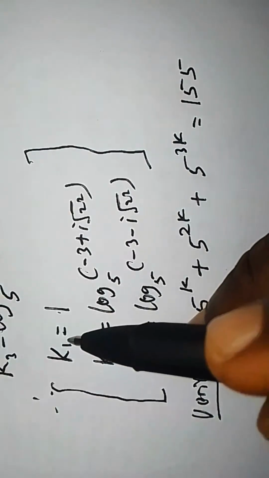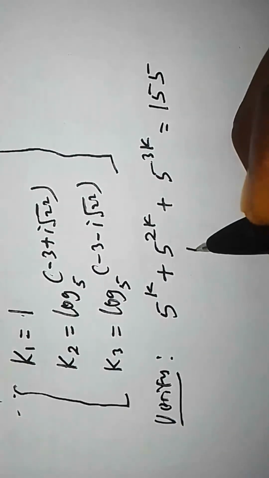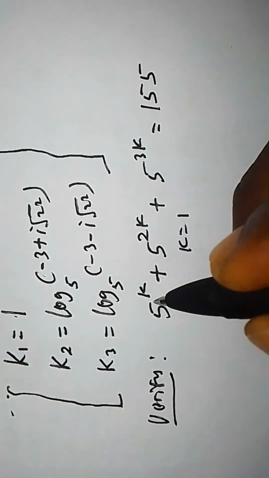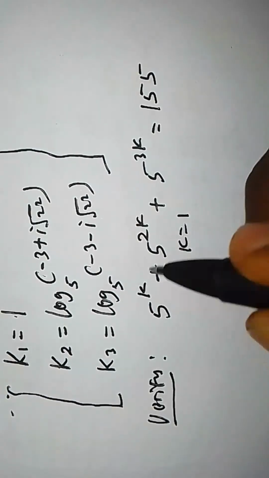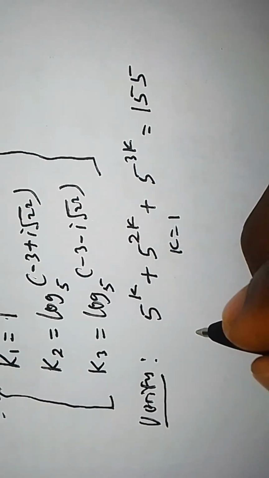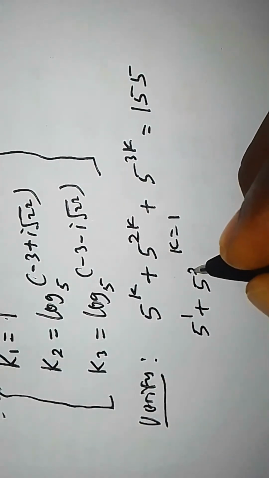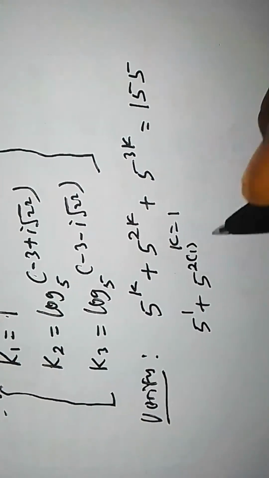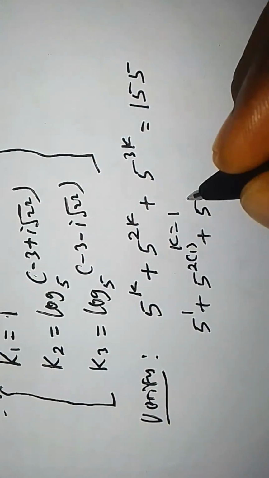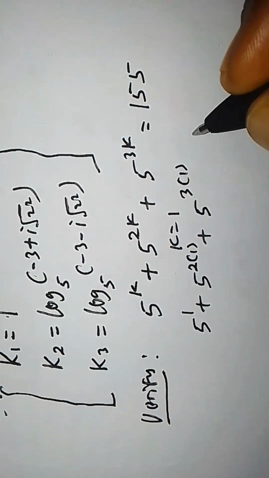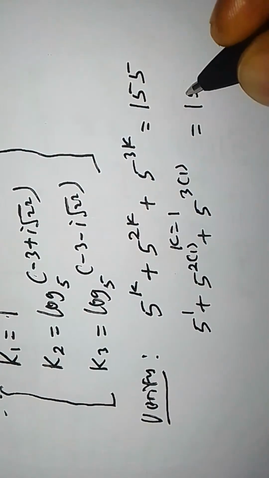So let us verify k equals 1. When k is equal to 1, plug the value of k into the exponents. That will be 5^1 + 5^(2·1) + 5^(3·1) = 155.